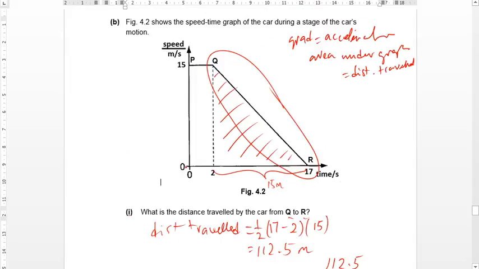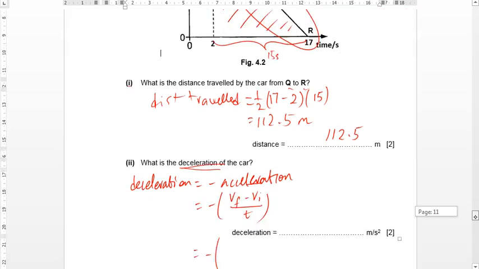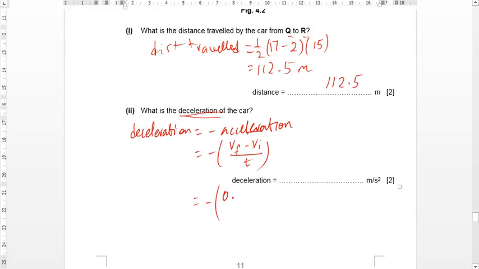Final speed 0. Initial speed 15. Time taken 15. Sorry, this is 15 seconds. So final speed was 0 minus 15 divided by 15 seconds. So 1 meter per square second.